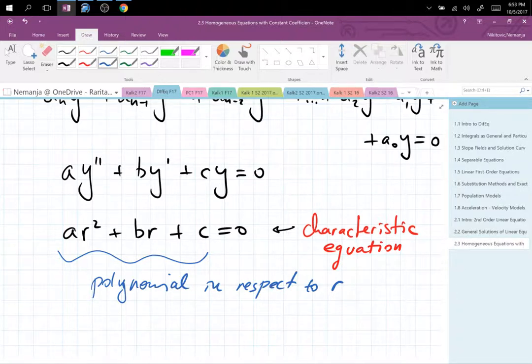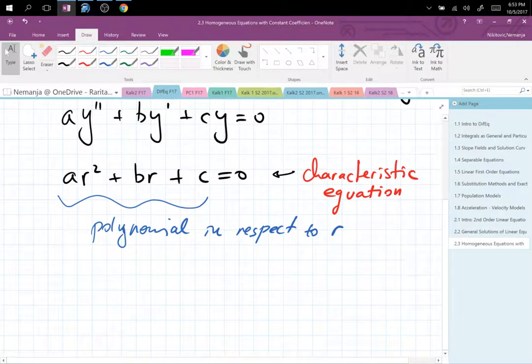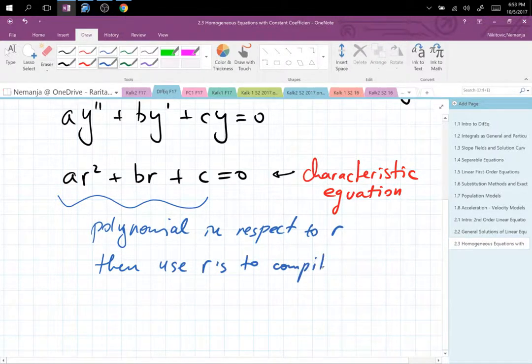So we are going to solve one of these differential equations. This is going to be extremely simple, but that's how we start, right? And then use the r's to compile y equals c1 e to the r1t plus c2 e to the r2t.